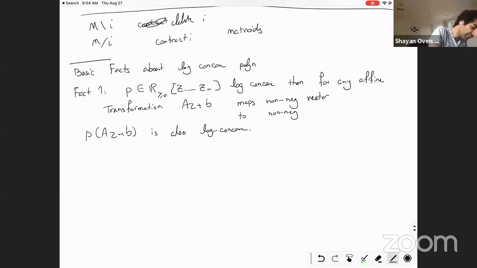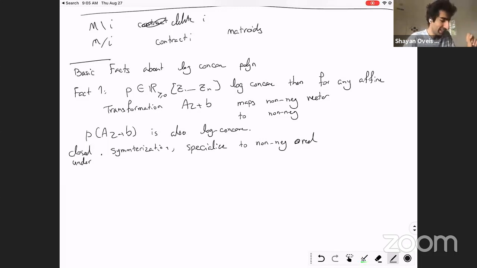So in particular, for example, these polynomials are closed under symmetrization: if you symmetrize two variables, you put the same thing for both of them. You can also specialize to non-negative reals. There is a difference here: it's not true that log concave polynomials generalize all real stable polynomials.